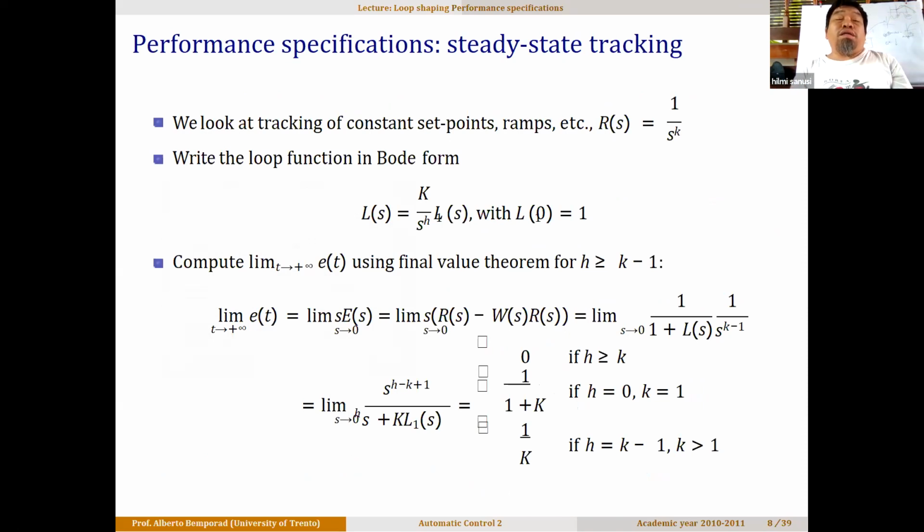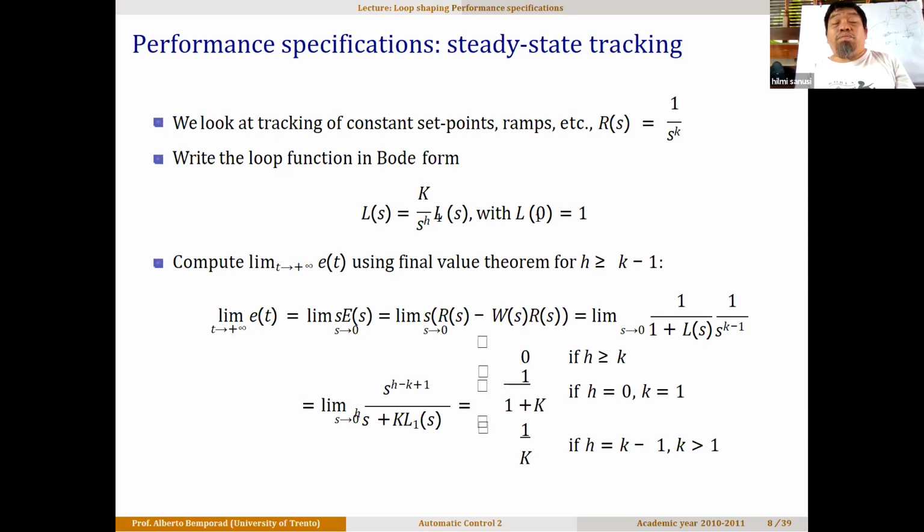So we are looking at the tracking of the constant set point. Let's say we have a ramp 1 over s squared. So we write the loop function in the Bode form, and then we compute the limit as t approaching infinity of the error using the final value theorem, and then we will get this to be either 0, 1 over 1 plus k, or 1 over k.